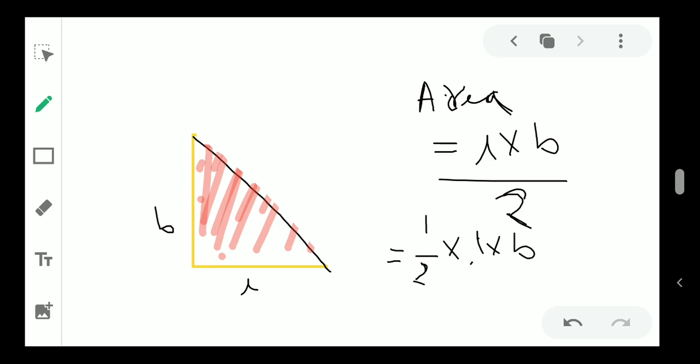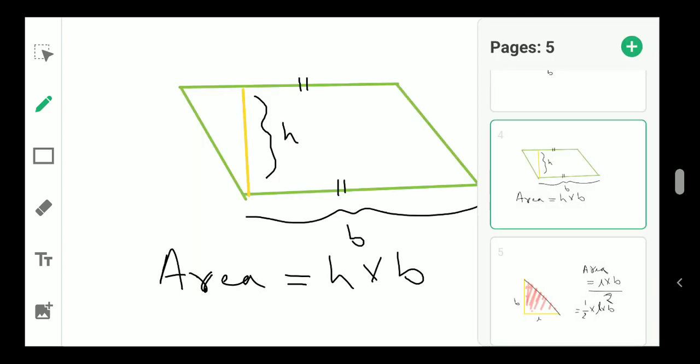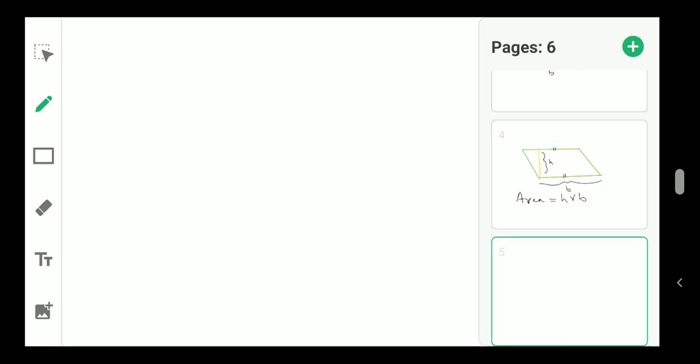A similar thing we will use here, in our parallelogram, to find the area of a trapezoid. See carefully. I can draw a parallelogram like this, where all of the opposite sides are parallel to each other.